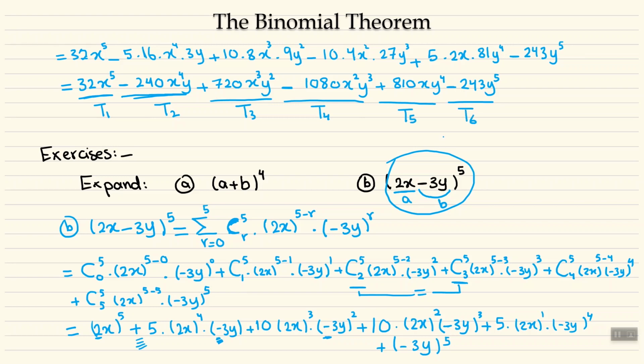And in the ministry, most likely they will be asking you to find only one term. So they will ask you to find the 4th term in this expansion, or maybe the 2nd term in this expansion, or maybe the 6th term in this expansion. So how do we find a certain term without having to expand the whole binomial? We will see this inshallah in the coming slides.